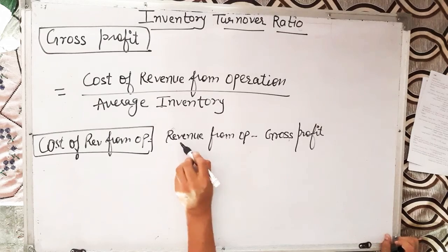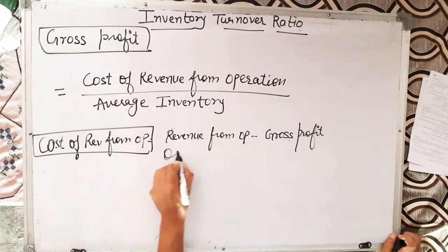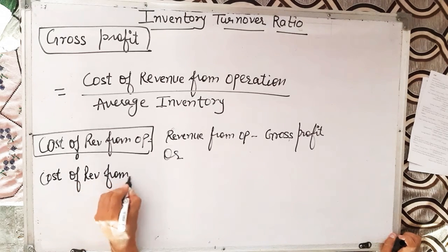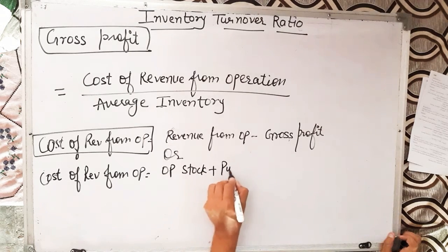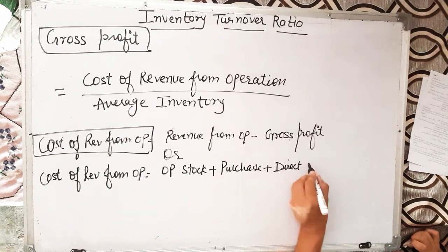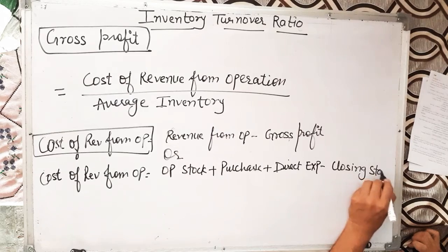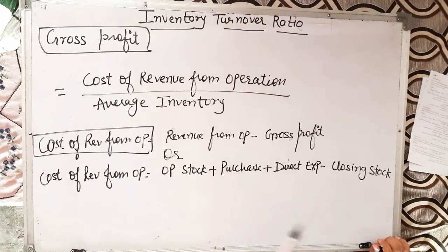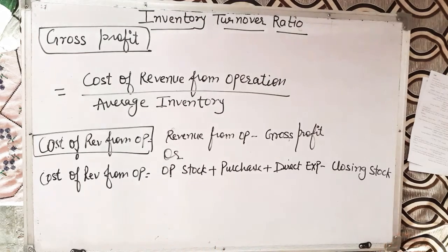That is equal to revenue from operation minus gross profit, or cost of revenue from operation is equal to opening stock plus purchase plus direct expense minus closing stock. Okay, so this is very simple.